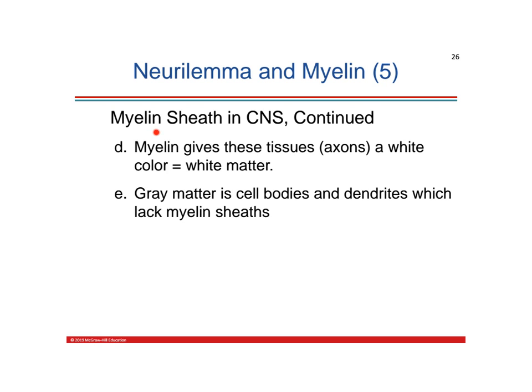I've already mentioned this, but when you have myelin sheath in the CNS, these are going to give tissues that have lots of axons a white color. So that's referred to as white matter. Gray matter is cell bodies and dendrites, which lack myelin sheaths. An example of this would be within the spinal cord, where you'll see the butterfly-like shape of gray matter.